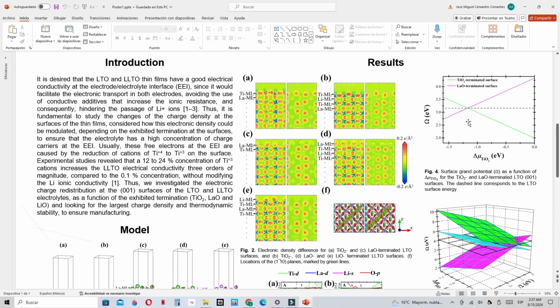In Figure 4, it presents the surface ground potentials for two surfaces, titanium dioxide and lanthanum oxide terminations for LTO perovskites.